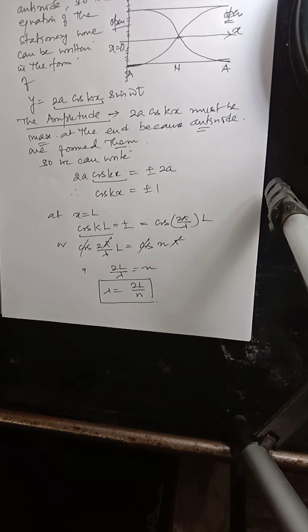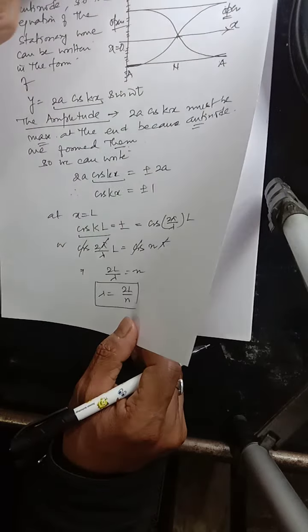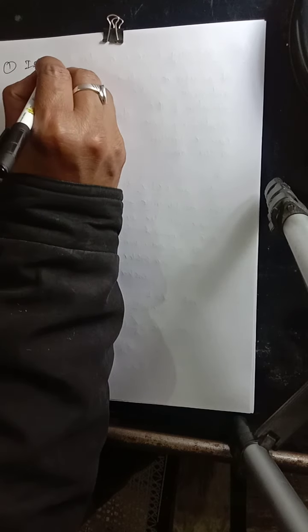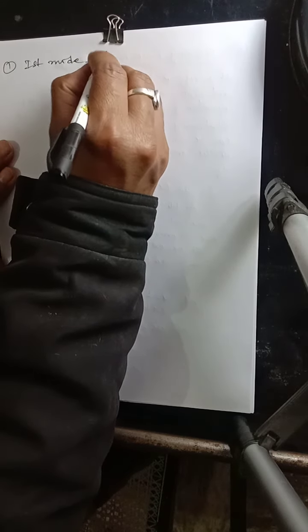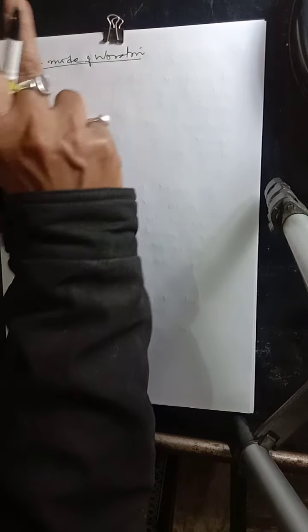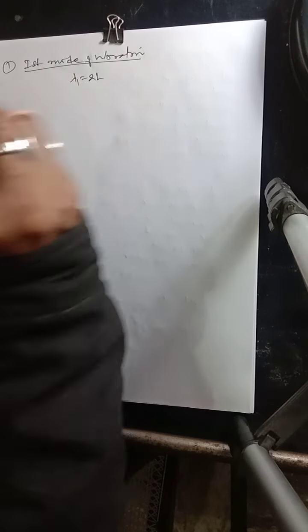Now we are going to find out the frequencies. The very first, that is the first mode of vibration for the standing waves in an open pipe with both ends open, lambda 1 is equal to 2L.